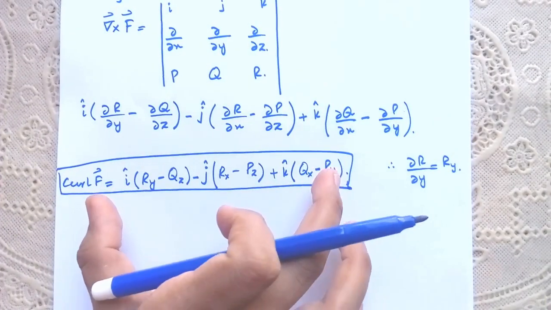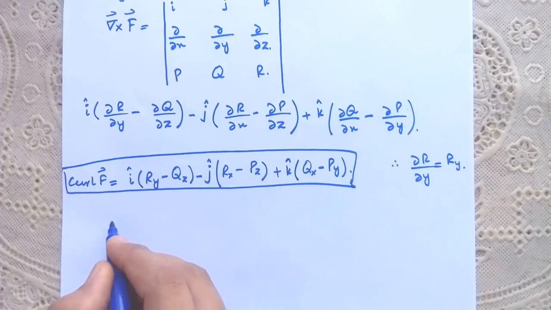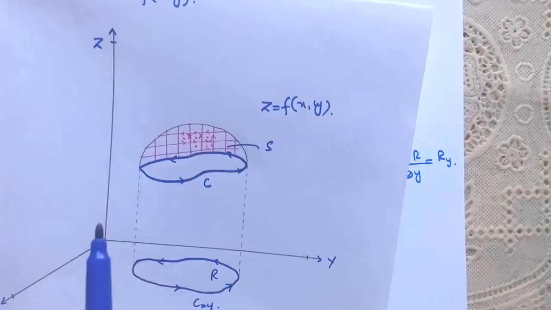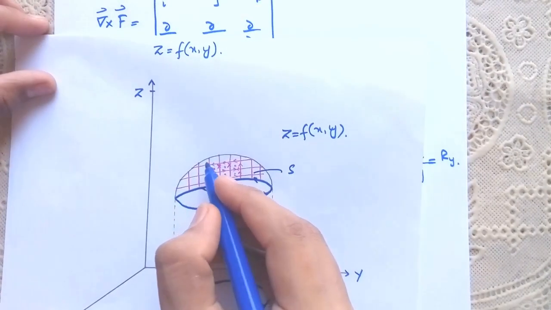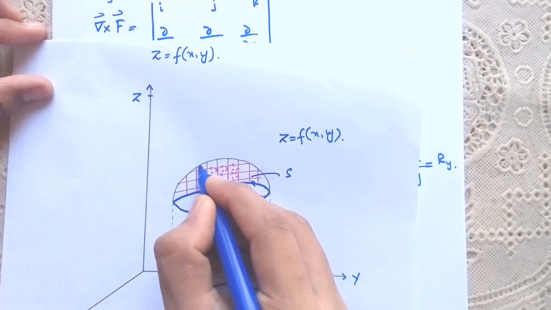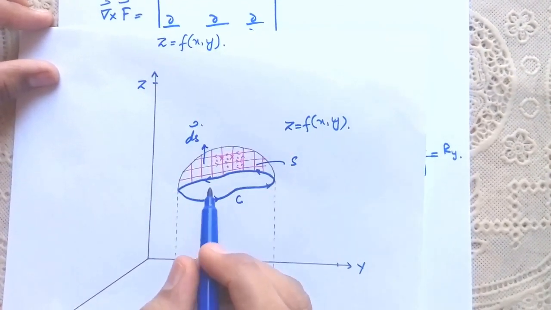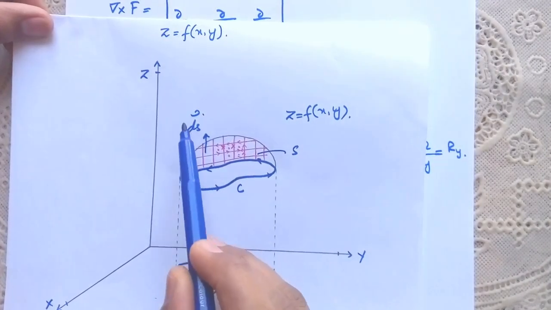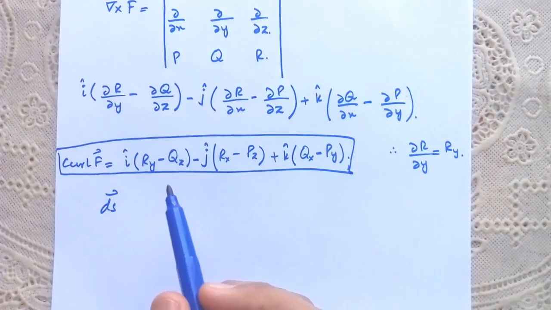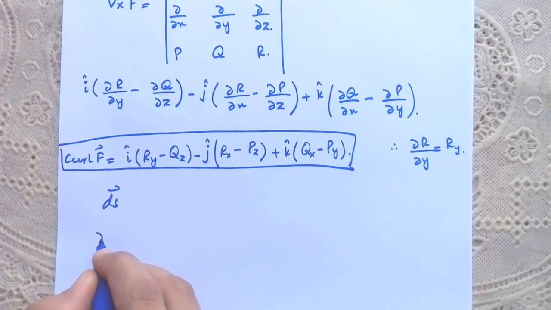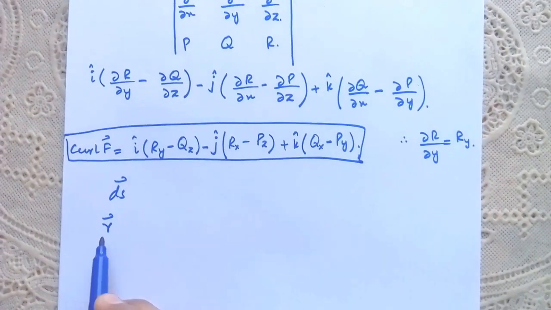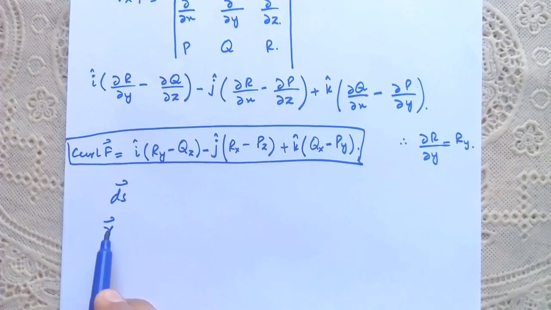ये तो है curl of f. Now what is ds? So ds एक ऐसा वेक्टर है जिसकी डायरेक्शन सरफेस के परपेंडिकुलर है, right? ds. और इस वेक्टर को मैथमेटिकल वे में डिफाइन करने के लिए हम एक position vector r डिफाइन करेंगे, position vector r of a surface S, right?